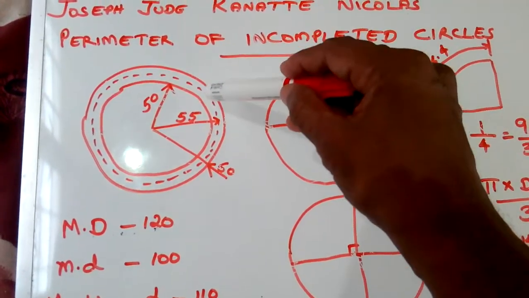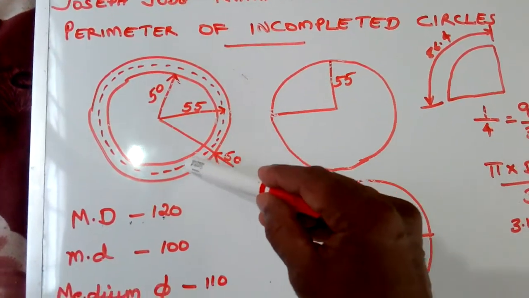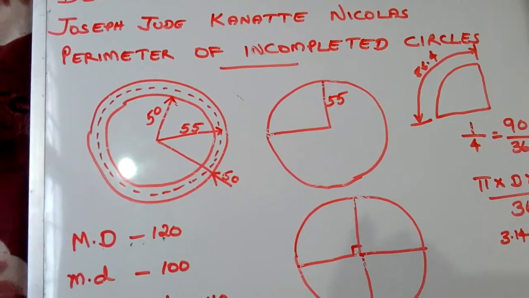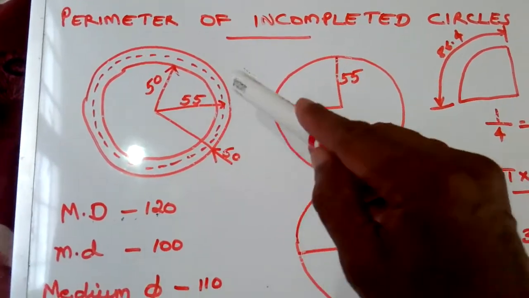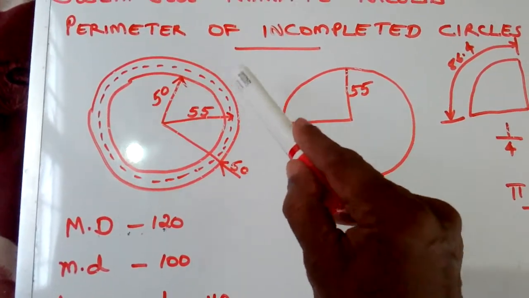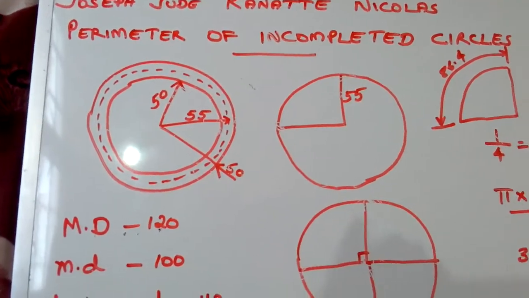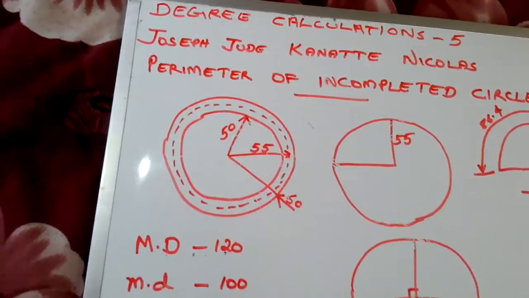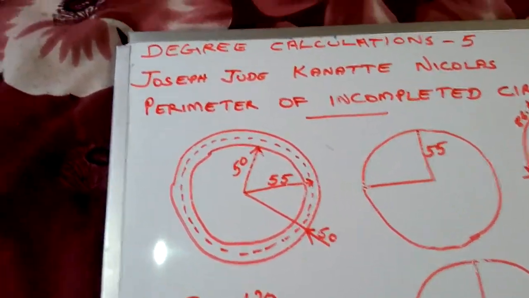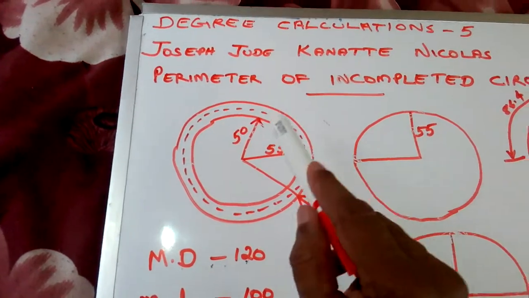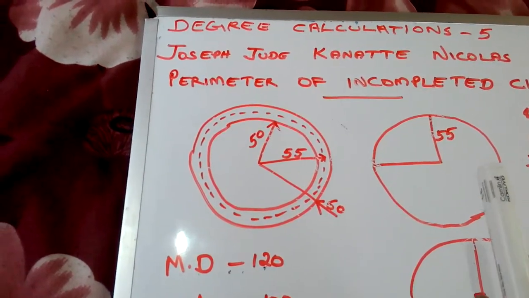Inside we have shown one dashed line, a dotted line. Actually it is in between the outer thickness and inner thickness. So when you see this measurement, can you say what the thickness of this job is?